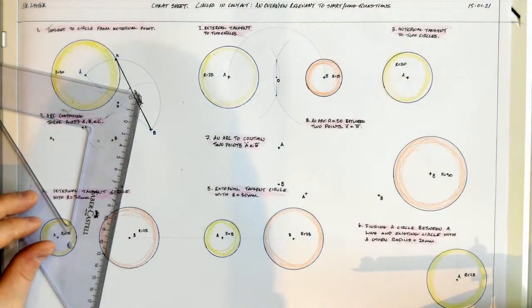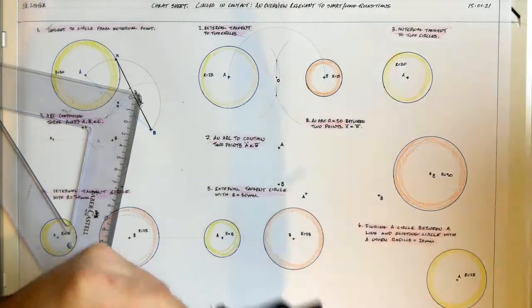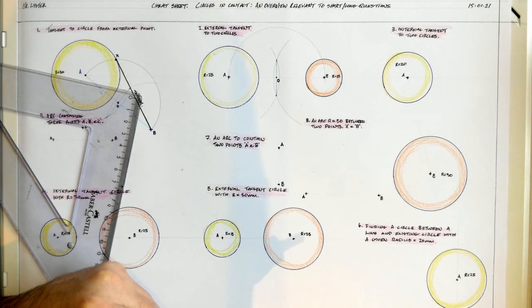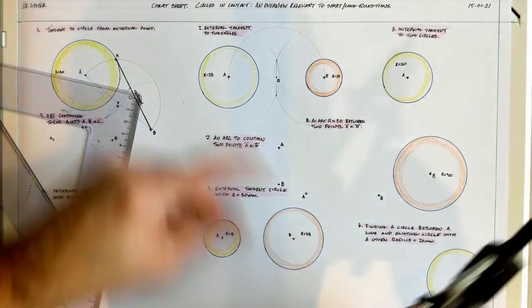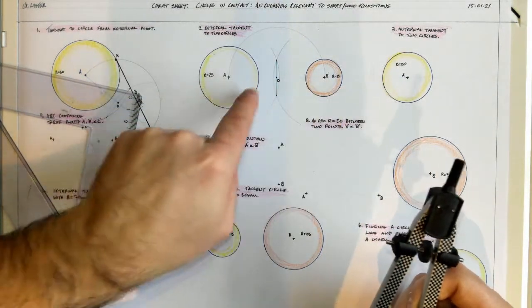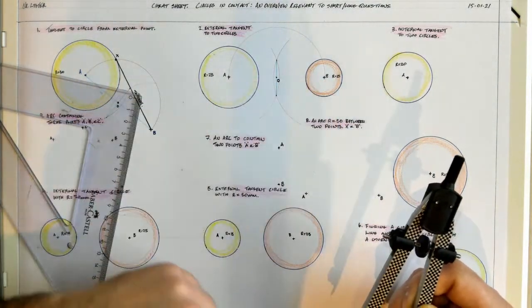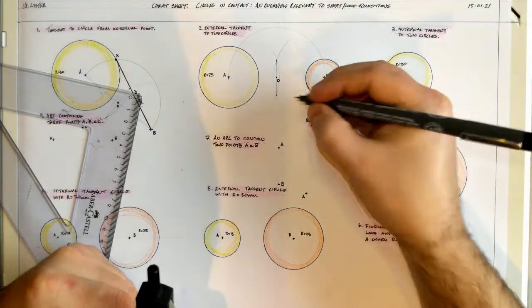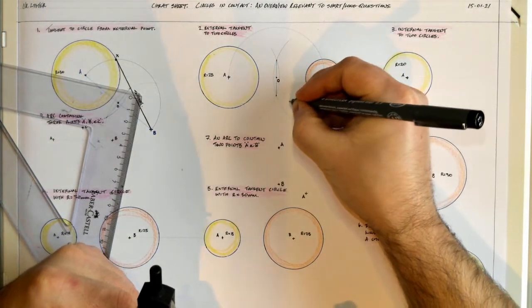Okay? Now, what we want to do in this case is a little bit of maths. There's not a whole lot in it, so don't worry about it. We're going to do a small circle inside the big circle. In order to do that, we subtract the radius of the small circle from the big circle. So we take 15 from 25, okay? I'll just write that down.